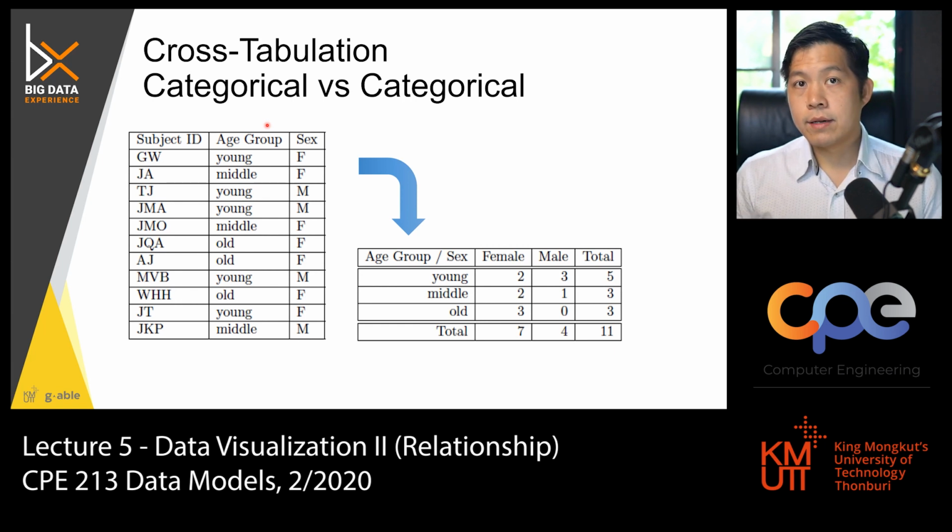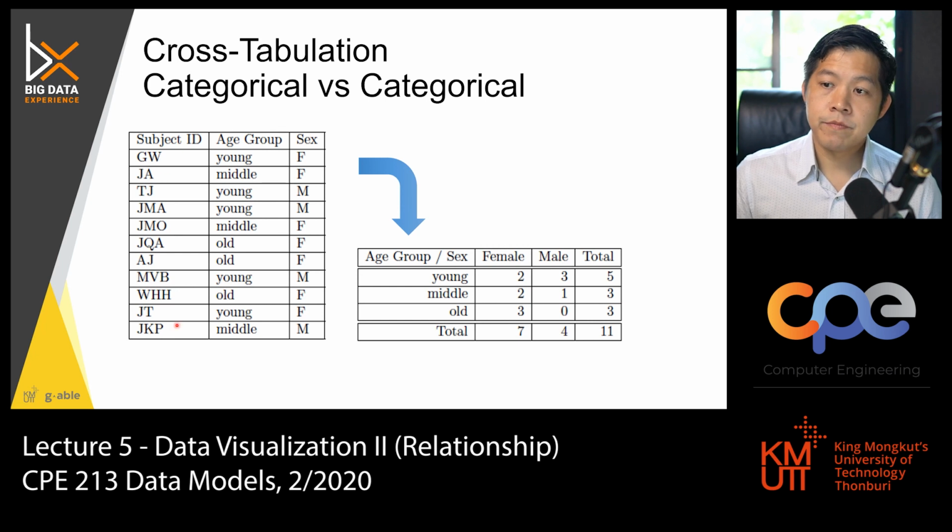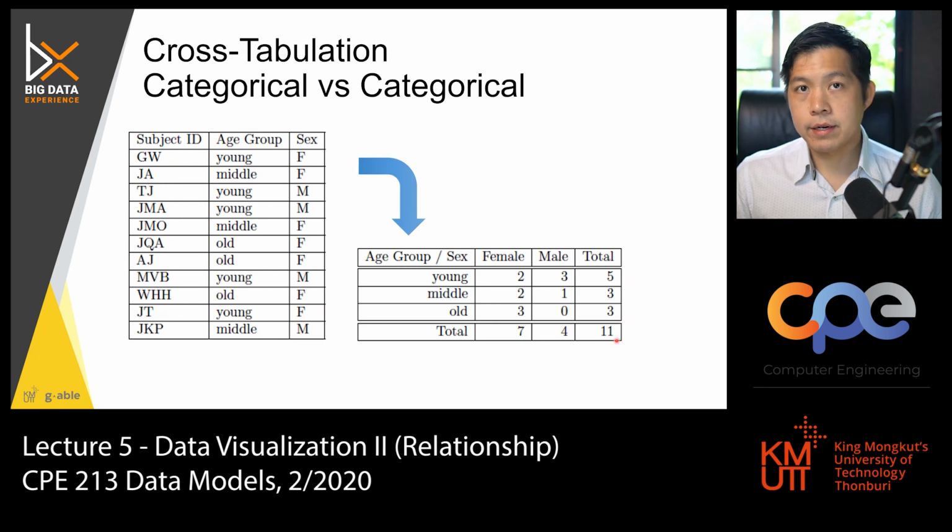One way that we can represent this relationship is to transform the table from the long format, or the transactional format, on the left-hand side here, into this cross tabulation format.